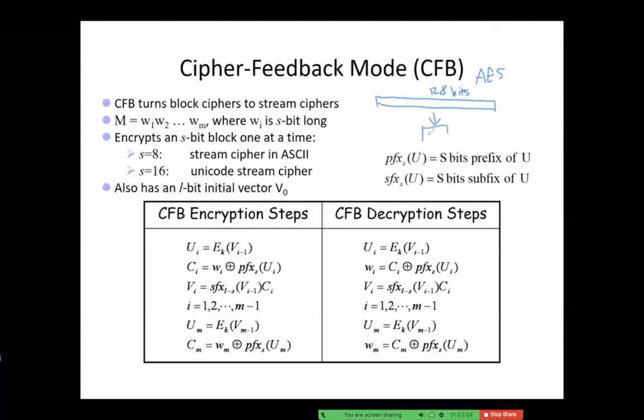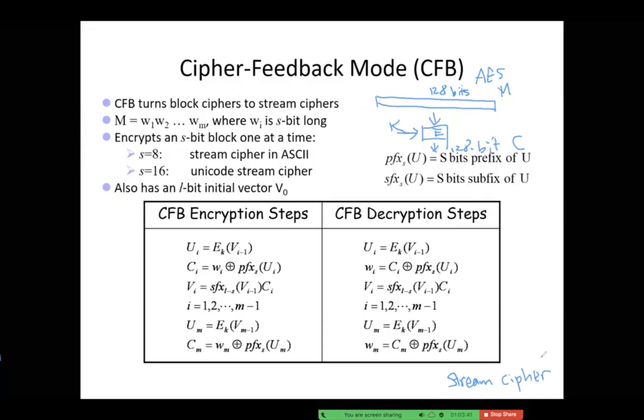After AES, what you get is also a 128-bit ciphertext. But what happens if I just want a stream, a character-long ciphertext? That is called a stream cipher.